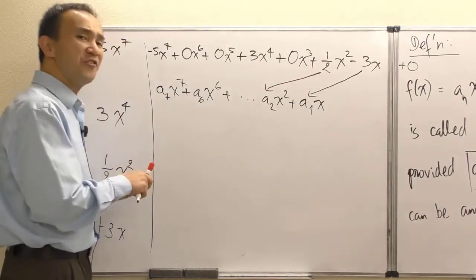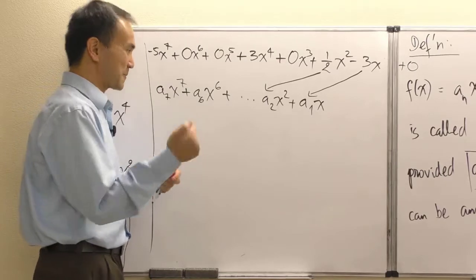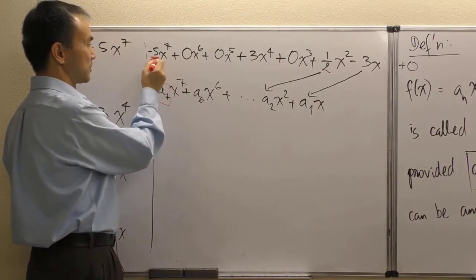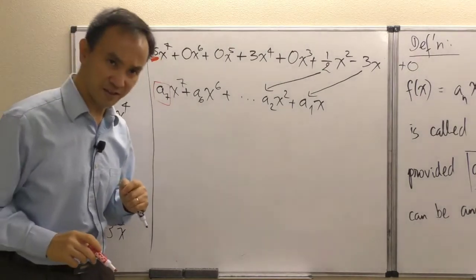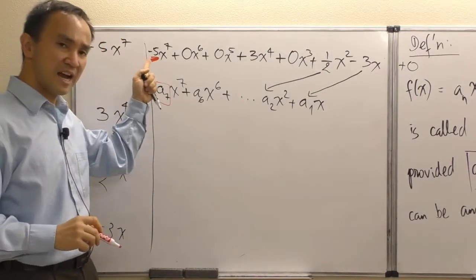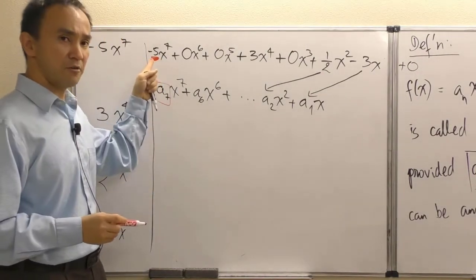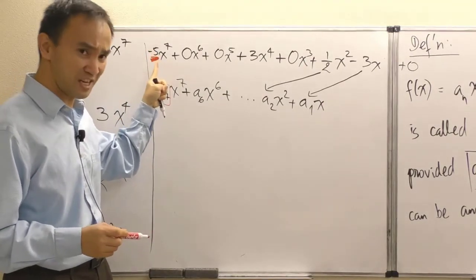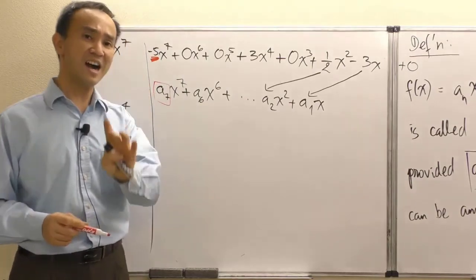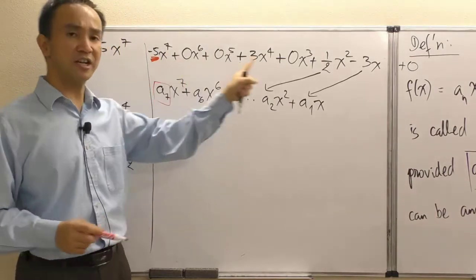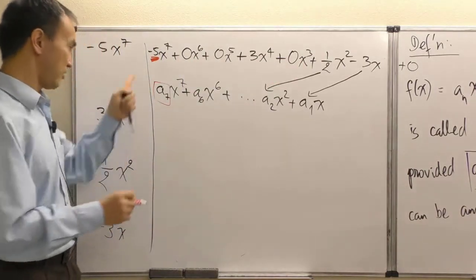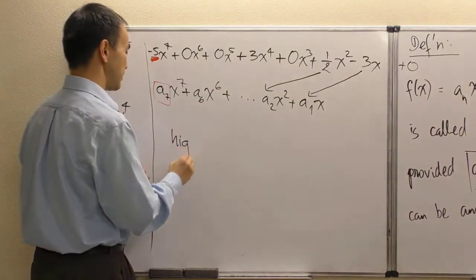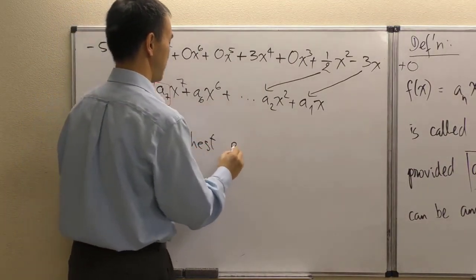And this very first one, this a7 in our case right here, or specifically the value minus 5, has to be non-zero because it determines the highest power in our entire polynomial. So here, the observation is telling me that highest power.